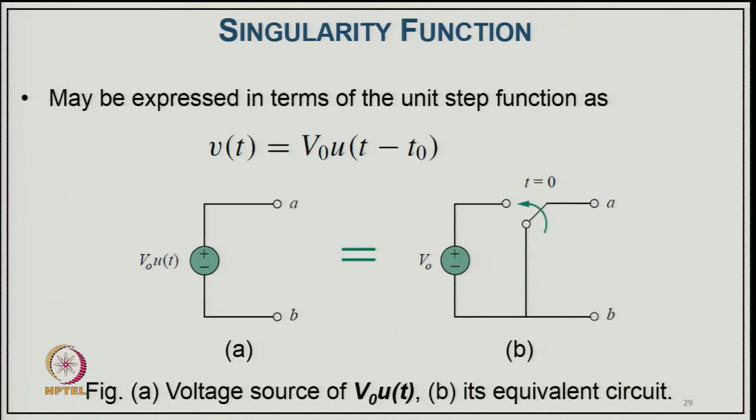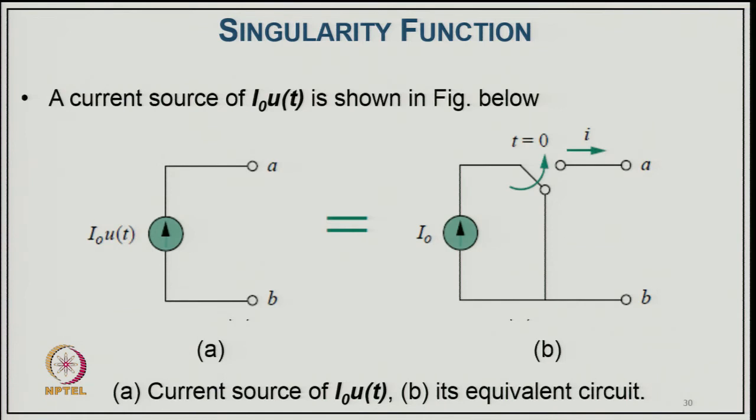For t less than 0 it is just closed here, so you have a 0 value of this function, and when you connect it to here at t greater than 0, then it becomes this circuit with the voltage applied suddenly equal to V0, corresponding to the definition with u(t) as a step function.